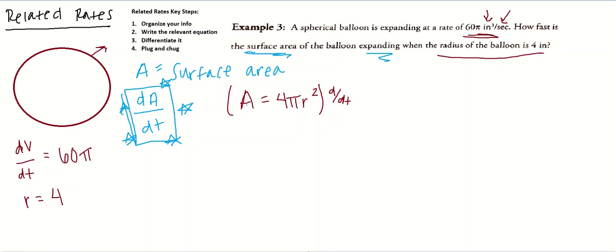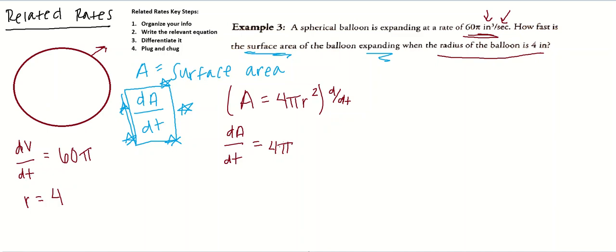So piece by piece, the derivative of A, our surface area, with respect to time is going to be dA/dt, right? Because A is a function. And that is all going to be equal to, when we take the derivative of 4 pi r squared, well, 4 pi is just a constant. So whenever we have a constant being multiplied by a function and we're differentiating, the constant is just along for the ride.